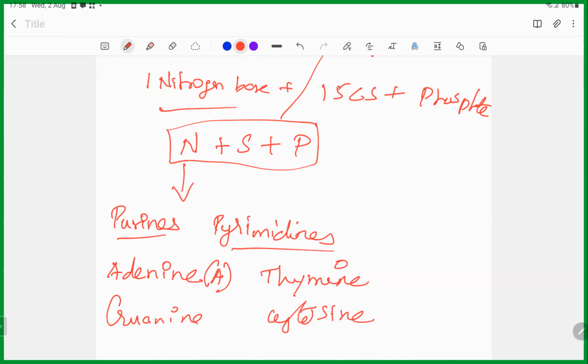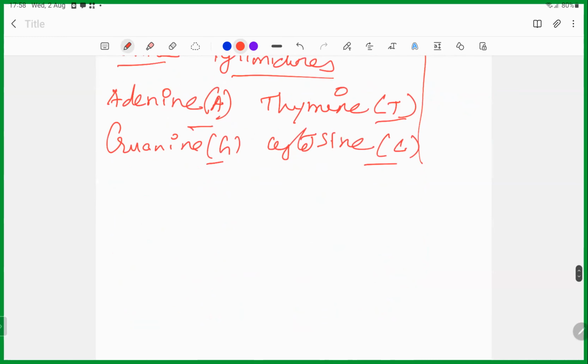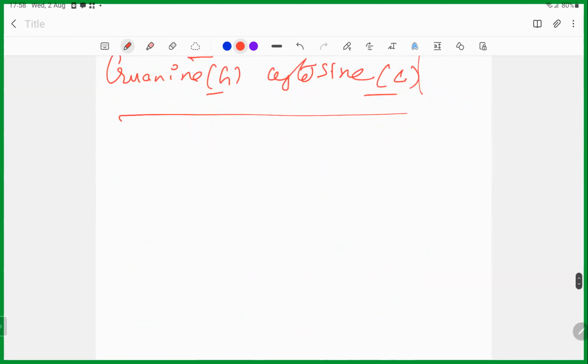Adenine is abbreviated as A, thymine as T, guanine as G, and cytosine as C. So A, T, G, C. All these are nitrogenous bases.